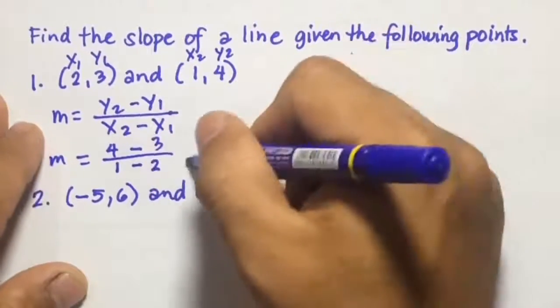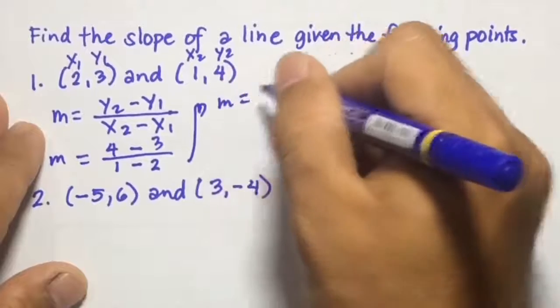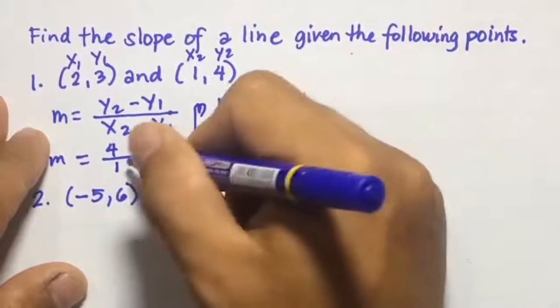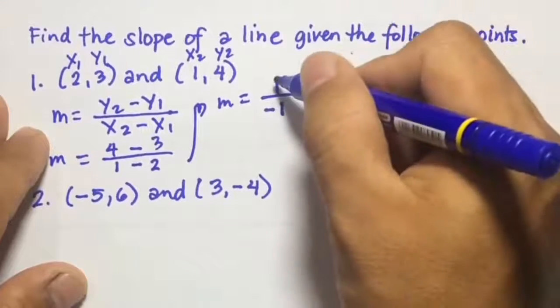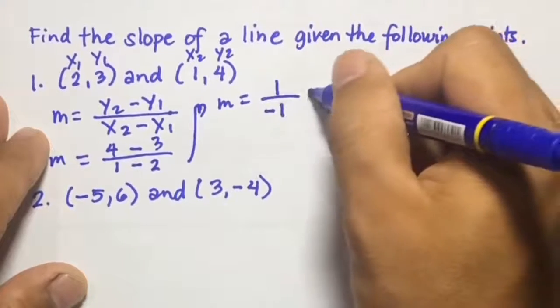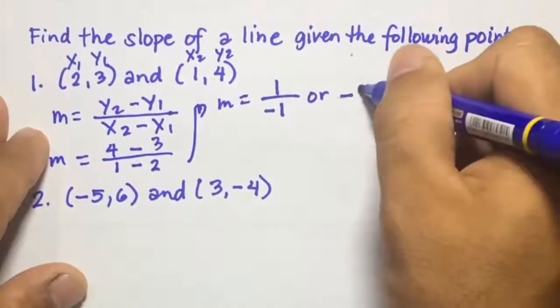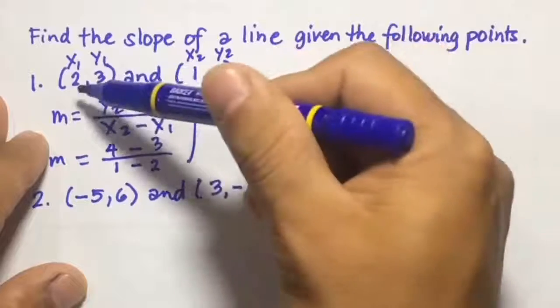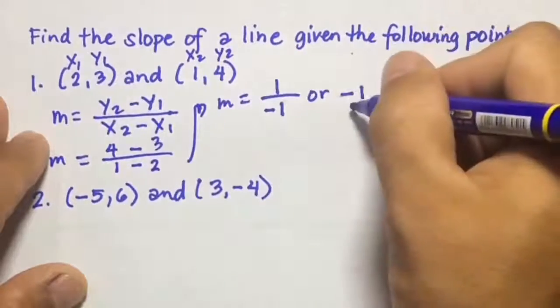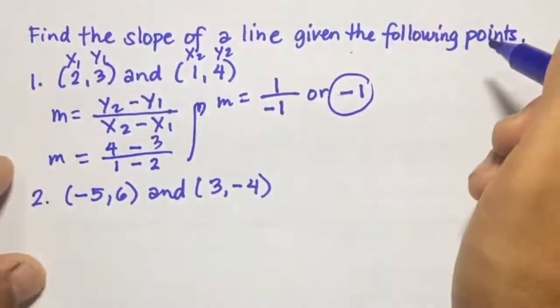So 4 minus 3, that will be 1. Then 1 minus 2 is negative 1. Then 1 divided by negative 1, that will be negative 1. So the slope of this line here that passes through these points is negative 1.